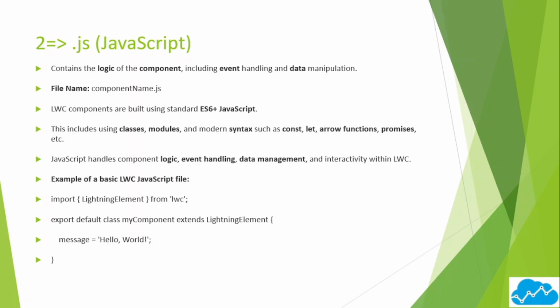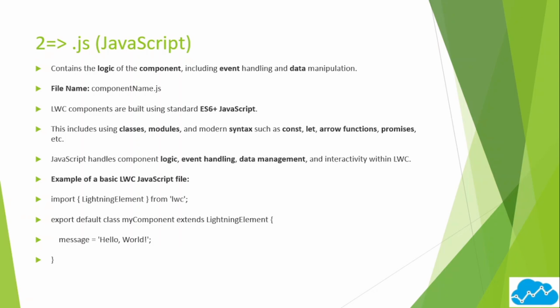This includes using classes, modules and modern syntax such as const, let, arrow functions, promises, etc. JavaScript handles component logic, event handling, data management and interactivity within a Lightning web component.